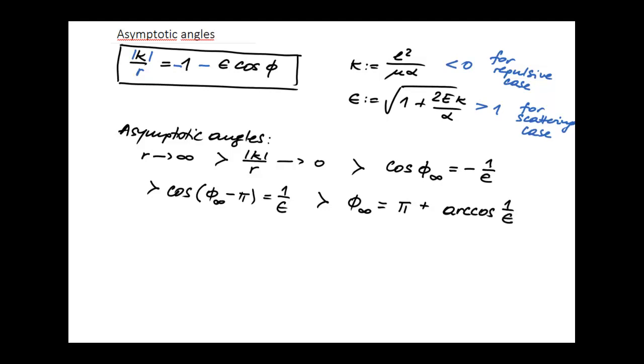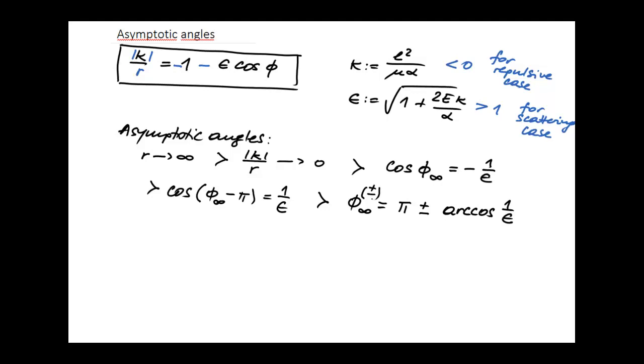Well, of course, when we invert the cosine, then we always have two possible solutions. We have not only pi plus arc cosine, but also pi minus arc cosine. That's also a possible solution of the equation. So in fact we have pi plus or minus, and hence we find two possible asymptotic angles, and these correspond to the incoming and the outgoing asymptotic angle.